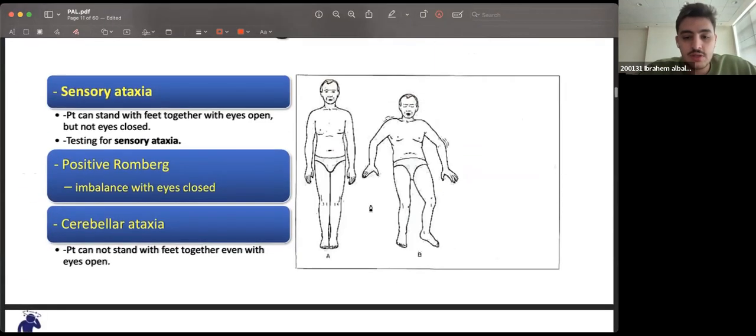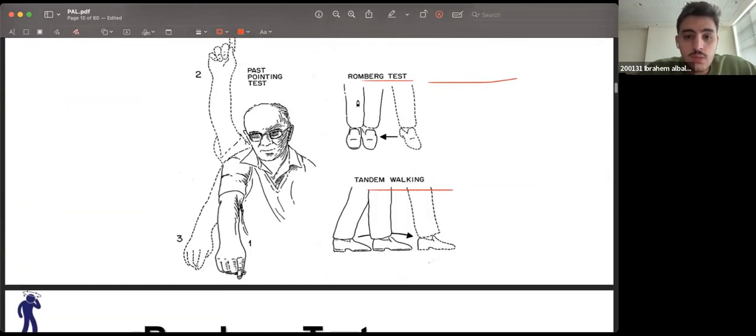So you ask the patient to close their eyes and bring their feet together. And then since they lose the visual stimulus, you're mainly relying on their proprioceptive stimulus. And if they have any damage in the dorsal lemniscal pathway, they will not be able to balance, okay?